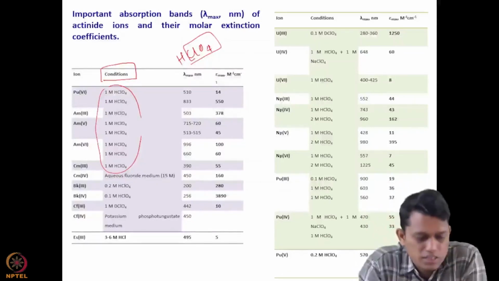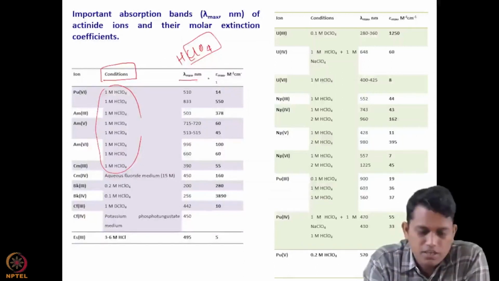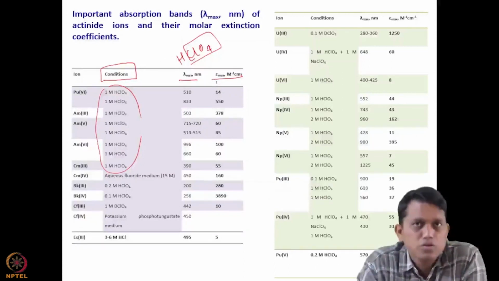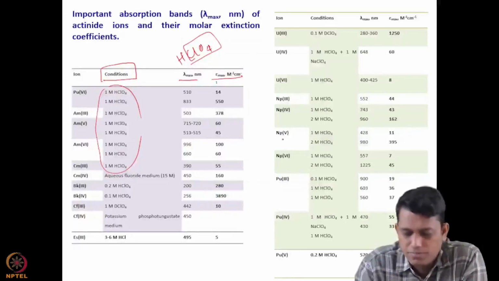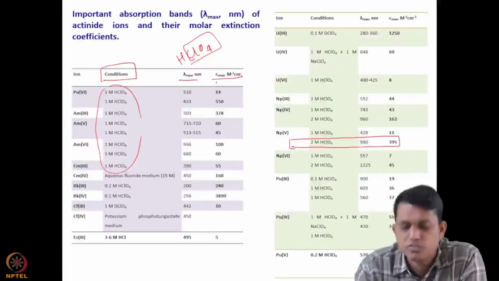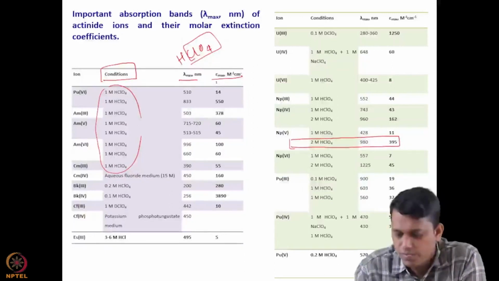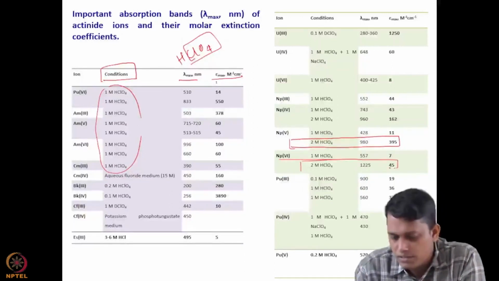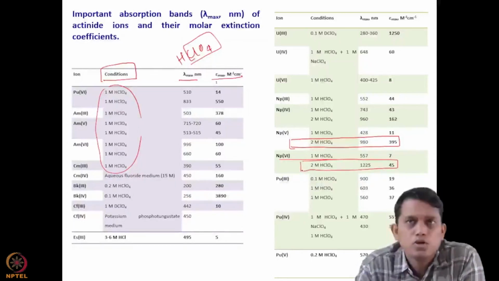And you can see that different ions have different lambda max and different molar absorptivity constants. For example, neptunium 5 has a major peak around 980, whereas neptunium 6 has a major peak around 1225.